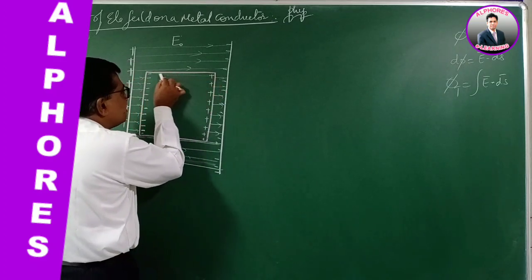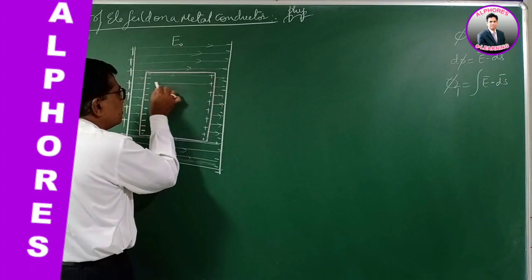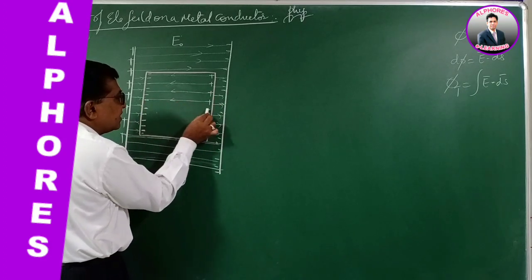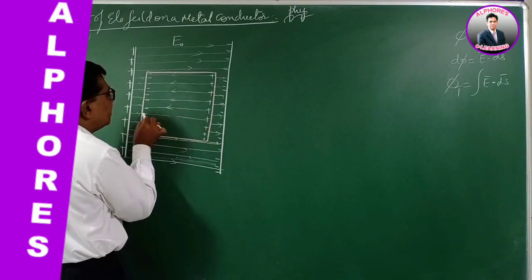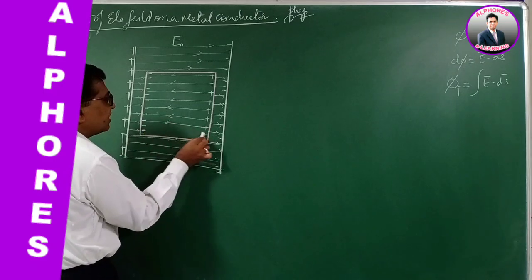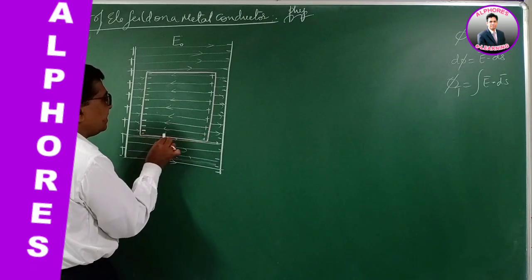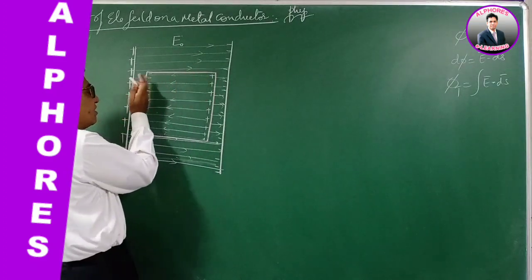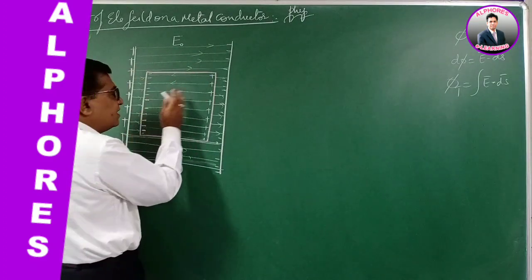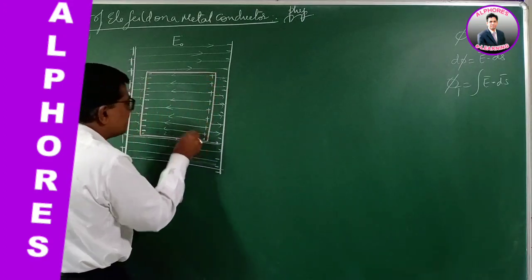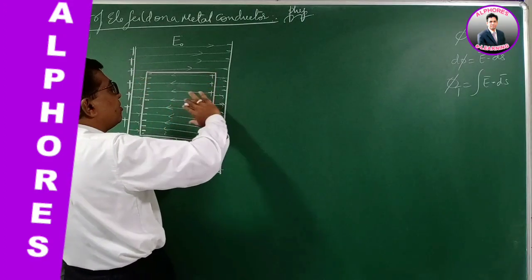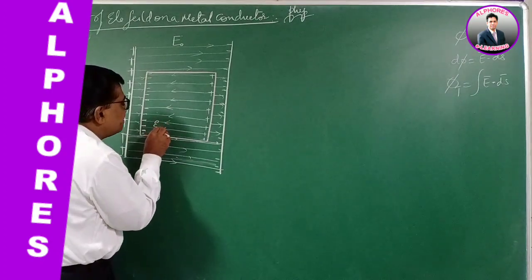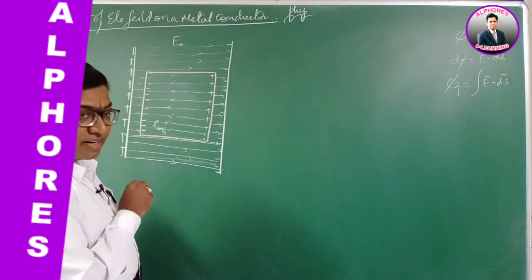These positive and negative ions produce an opposite electric field, which is the induced electric field inside the metal, right?